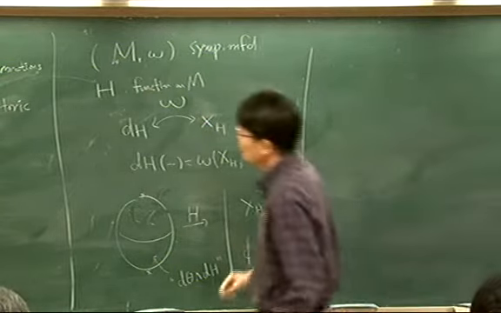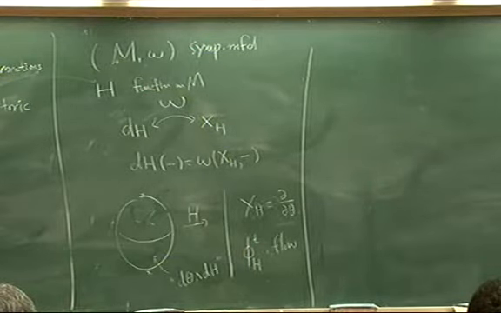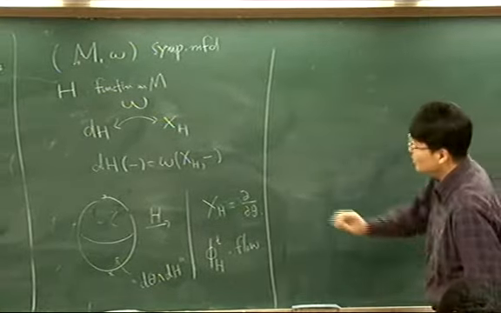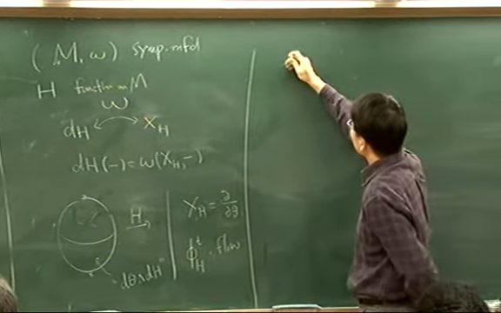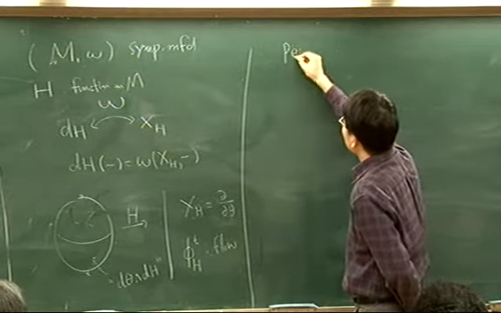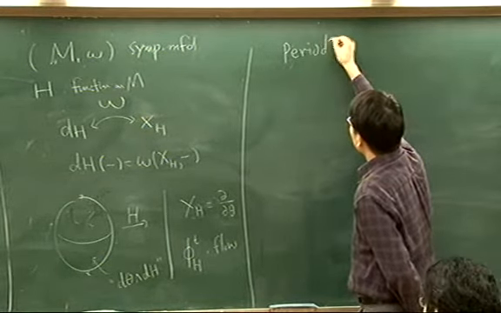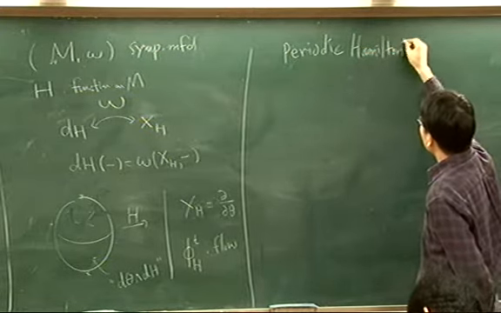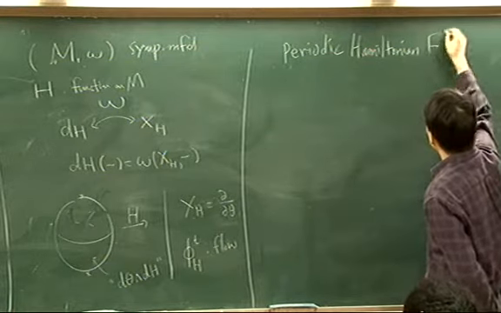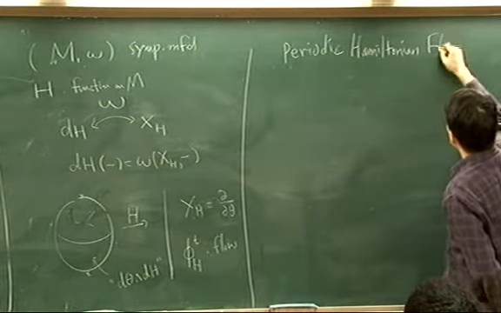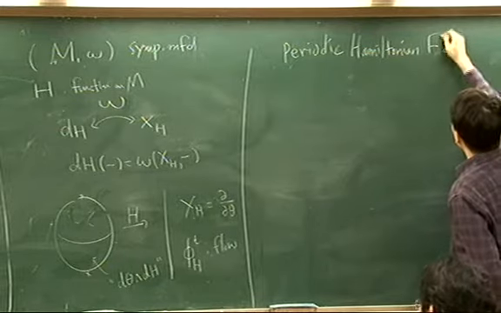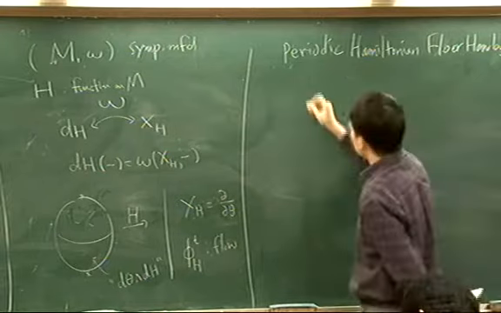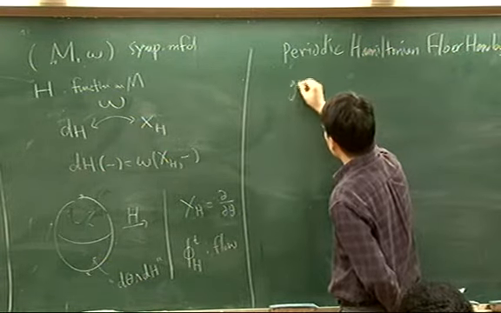Okay, so when one says Floer homology, there are many versions of Floer homology, but in the symplectic context we have two main versions. One is this periodic Hamiltonian Floer homology, and this is given by generators.